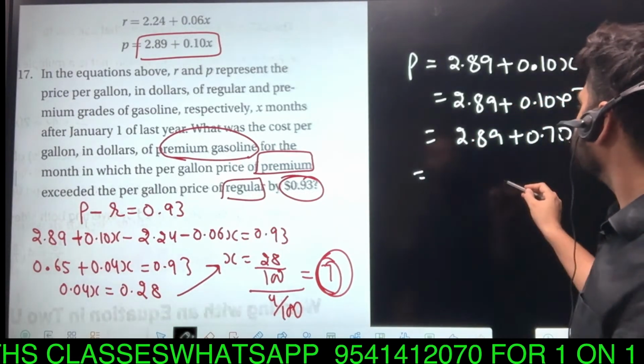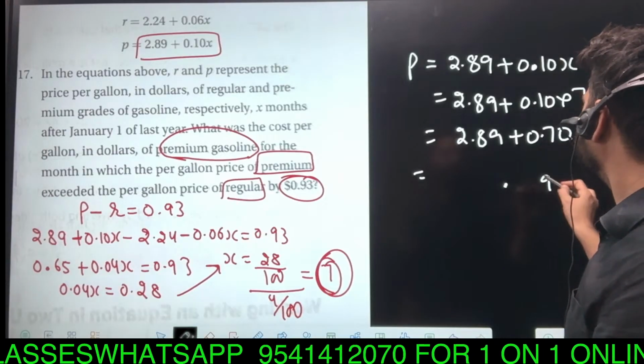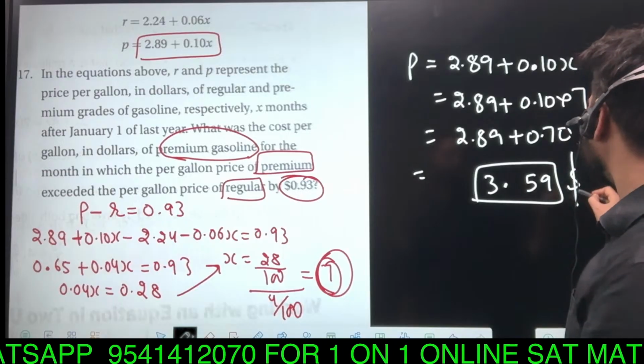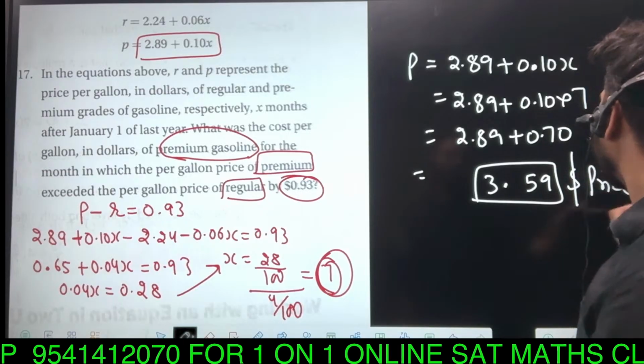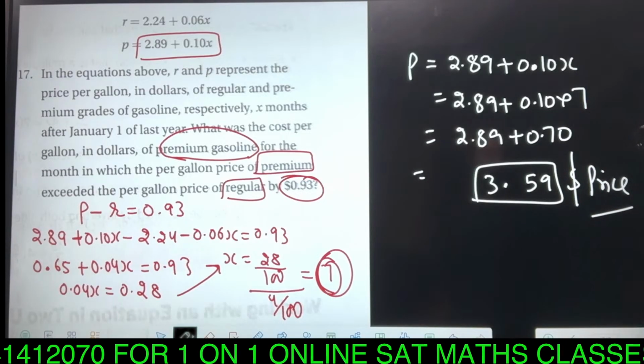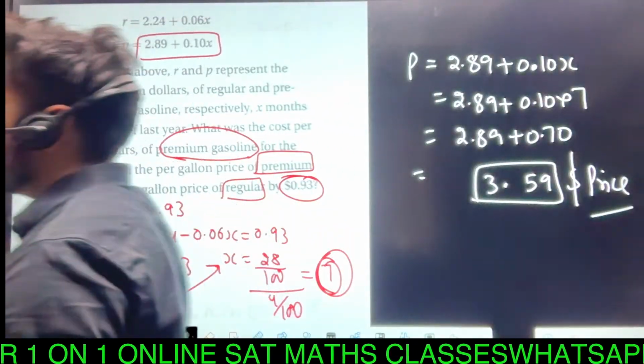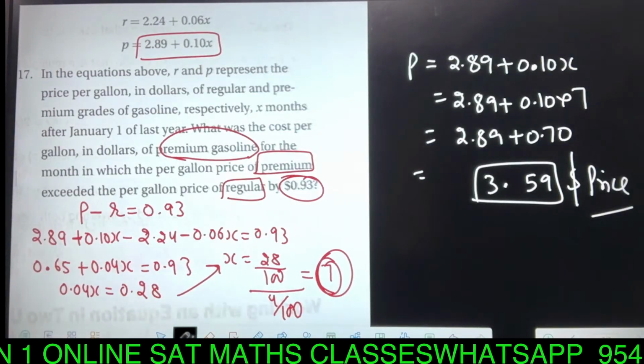If we add this, it will be 3.59. $3.59 is the price. This is the complete price of the gasoline of the premium segment.